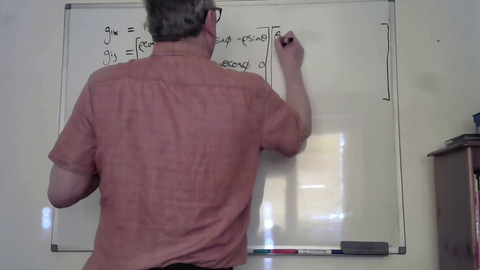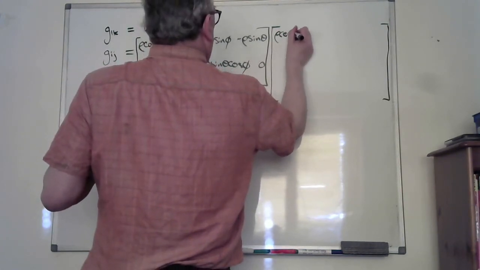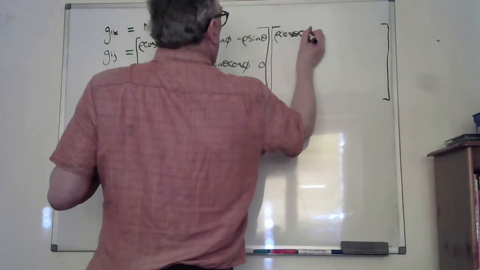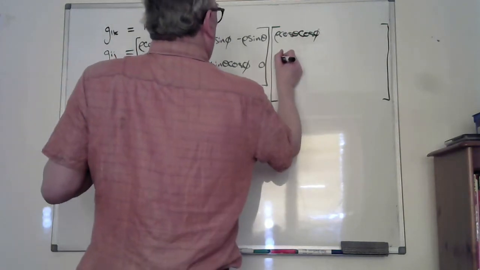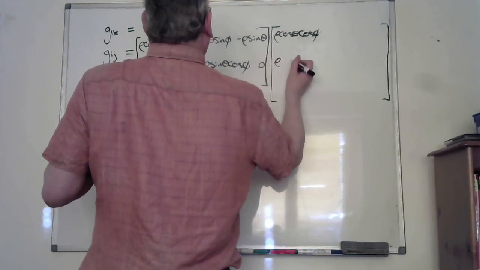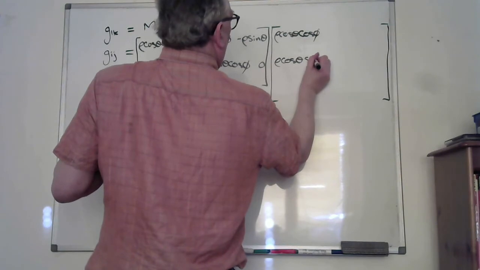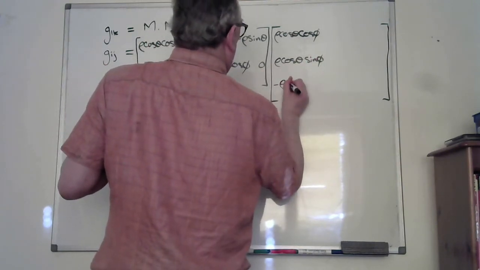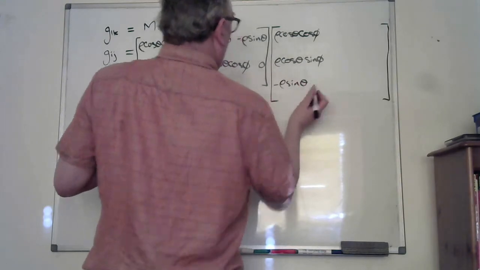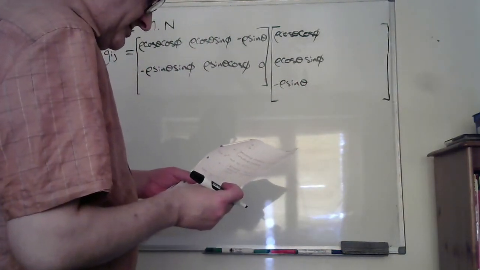So we've got rho cos theta cos phi, just like we did before. Rho cos theta sine phi, and minus rho sine theta. Right? Am I right? Cos cos, cos sine and sine.